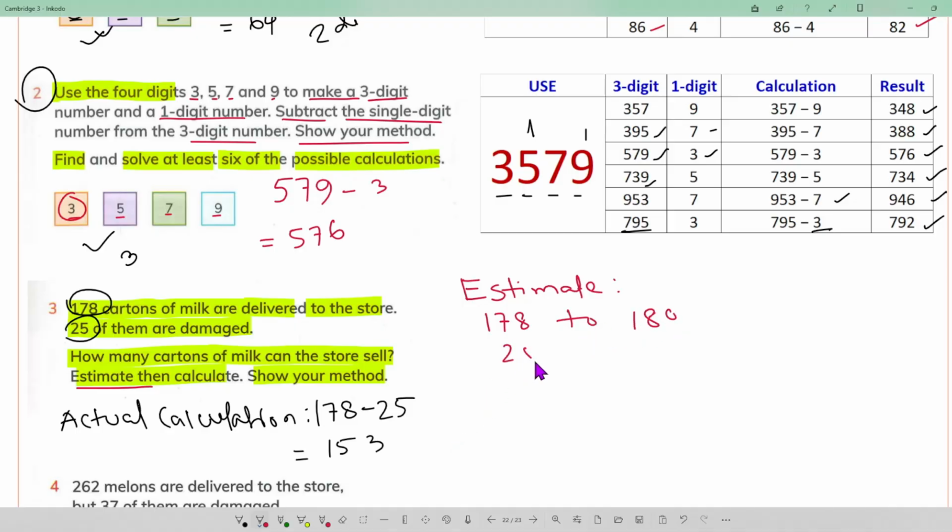And 25 rounds up to the next 10, it means 30. So the calculation is 180 minus 30, and the answer will be 150. So the actual answer is 153 and the estimated answer is 150. Clear? It's a normal thing.